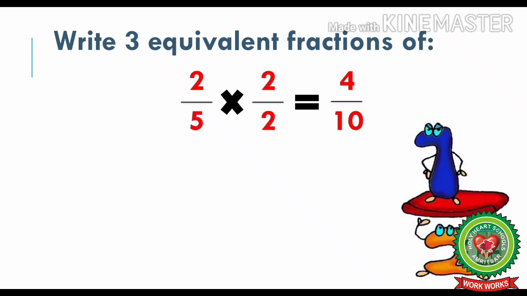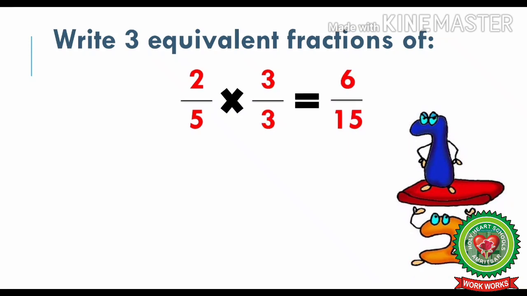That is, we will multiply 2 by 2 and then we will multiply 5 by 2. So, 2 2s are 4. So, numerator will be 4 and 5 2s are 10. The denominator will be 10. So, the first equivalent fraction is 4 upon 10.